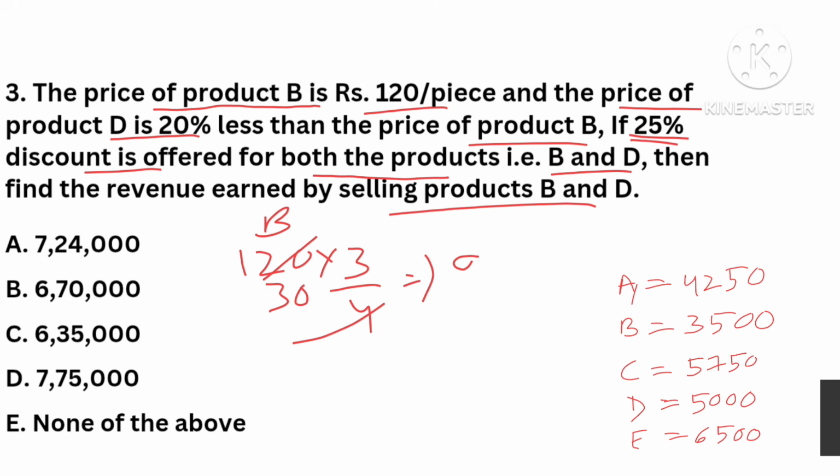So B is sold at 90, and the number of products sold for B is 3500.